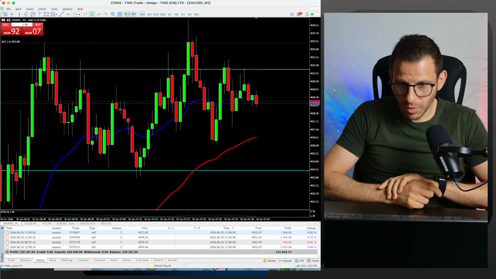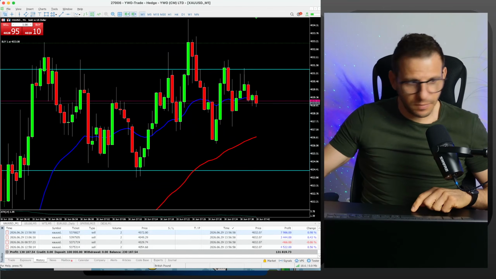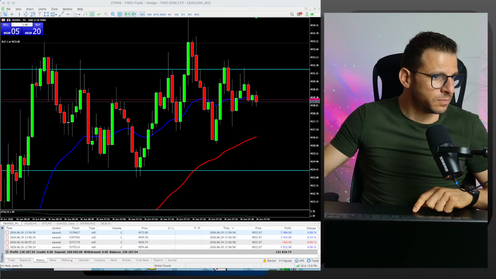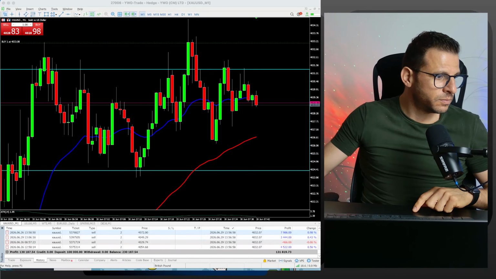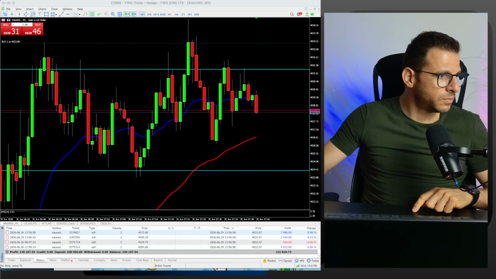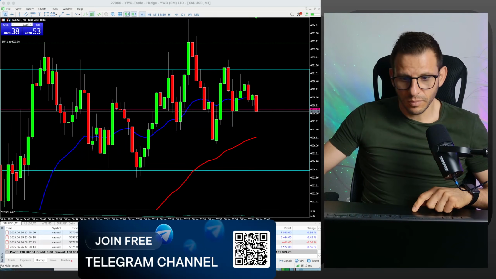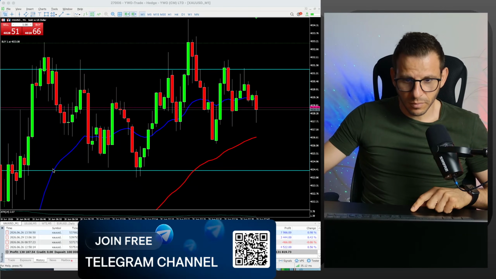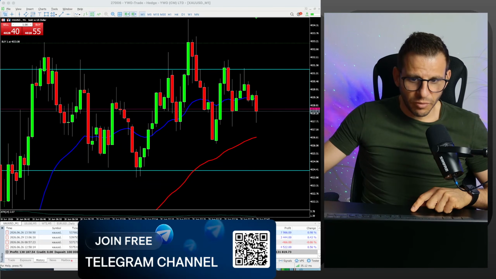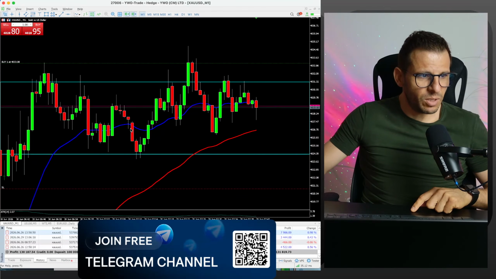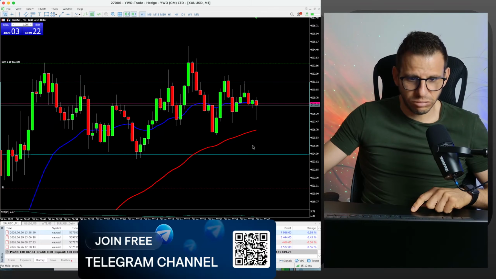Hop, hop, hop, hop. It's trying to hop down. We are getting a bearish engulfing, but here we are in the middle of this consolidation.